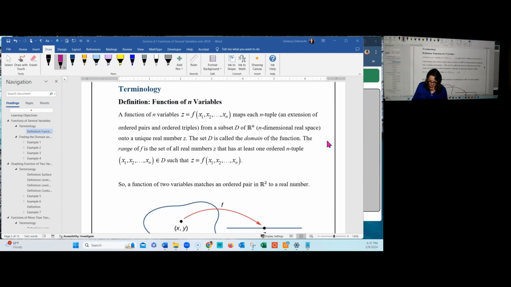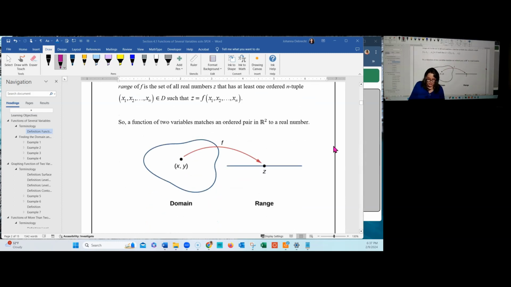Let's take a look again at the pictures here so that we can compare and see what we've got. This blob that you see drawn on the left is a subset of R2. So the domain is a subset of R2. Now it could be all of R2. And when I say R2, I'm talking about the XY plane. Right?